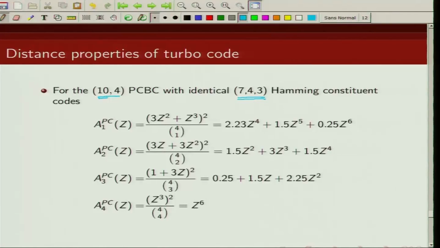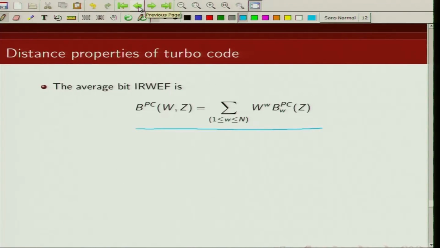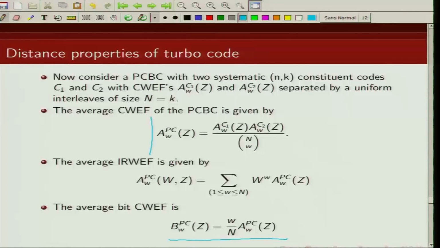So what we get is a 10-4 parallel concatenated block code, using identical constituent encoders, which are the 7-4 Hamming code. Using the expressions I have said before, we already know the conditional weight enumerating function of the constituent encoder. Now using this expression, I can compute the conditional weight enumerating function of the parallel concatenated block code.